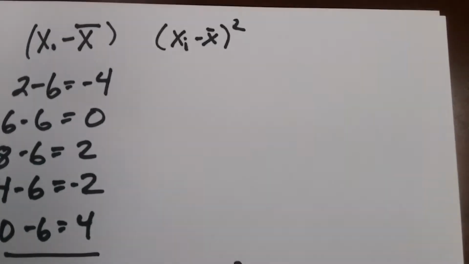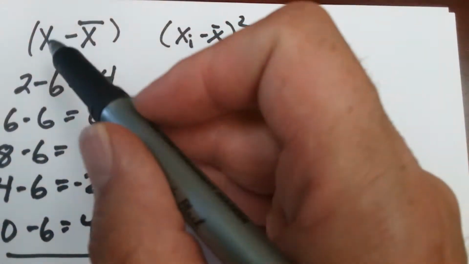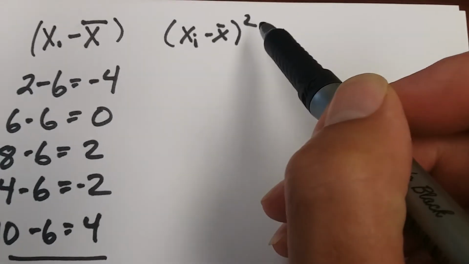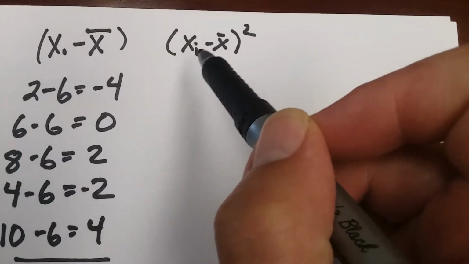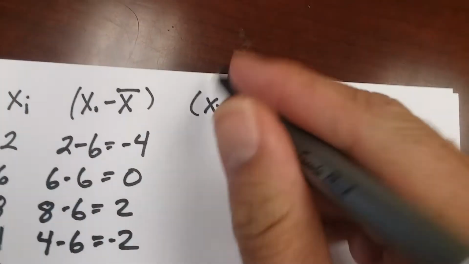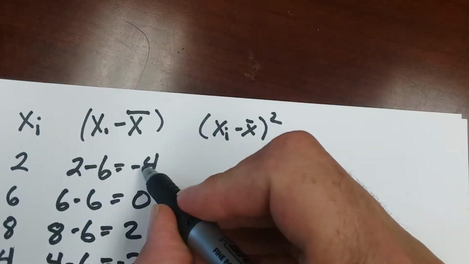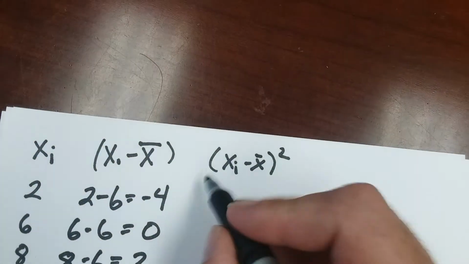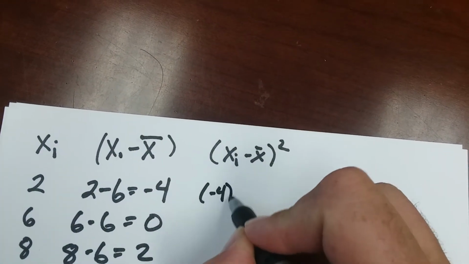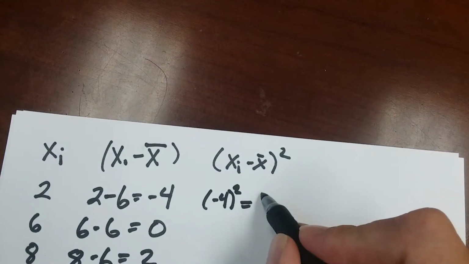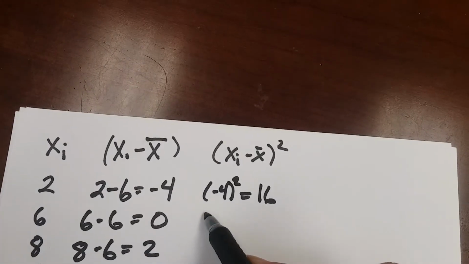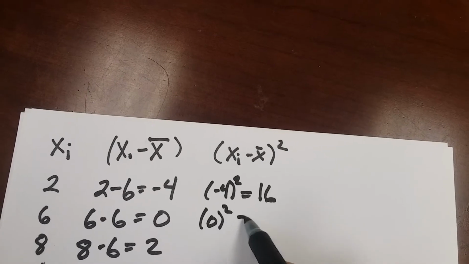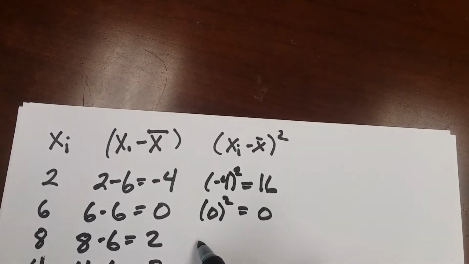Now, the next thing we're going to do is take x sub i minus x bar, that's this column, and square it. You can see x sub i minus x bar are in the brackets. So we take 2 minus 6, which was negative 4, and square it. That's 16. Next, put 0 in the brackets, square it, that's 0.